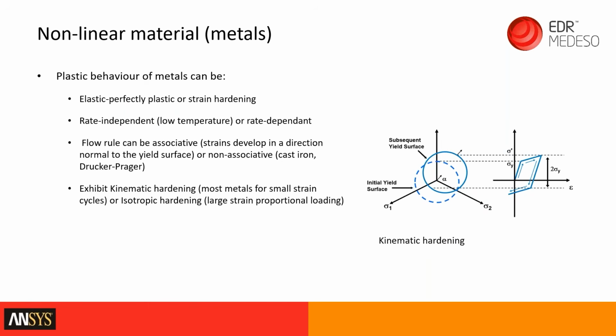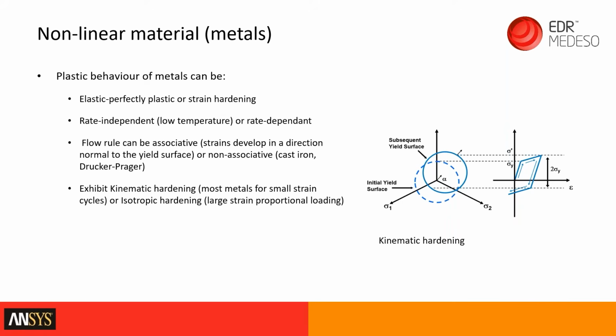So plastic behavior can be described as elastic or perfectly plastic, which assumes there is no hardening after you pass the yield point, or you may have strain hardening. It can also be rate independent or rate dependent.